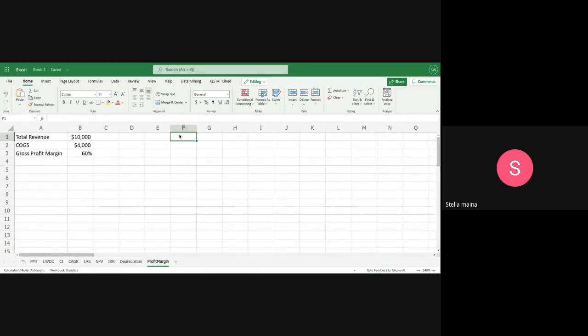So we just have still our total revenue, and then we'll have the cost of goods sold, and then we'll have the gross profit margin.